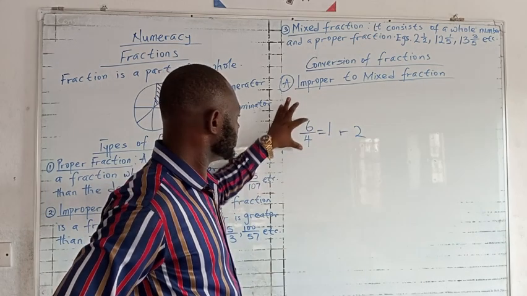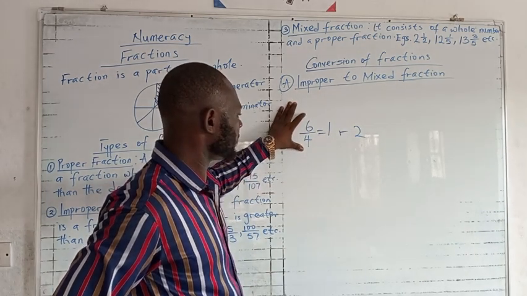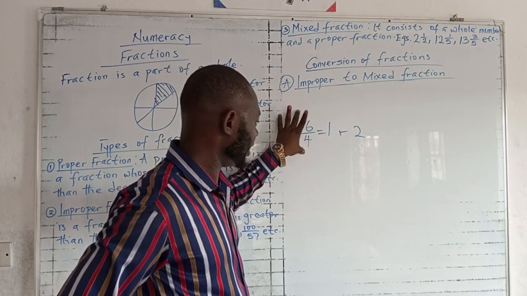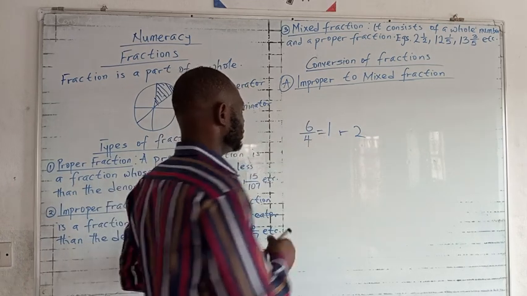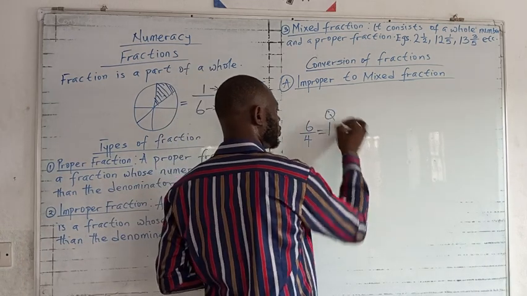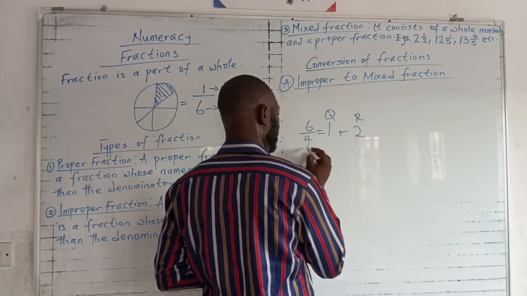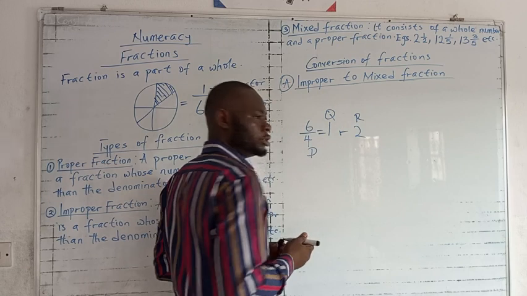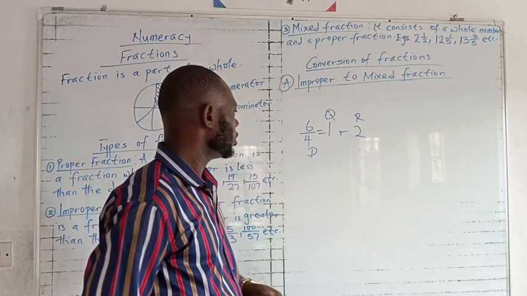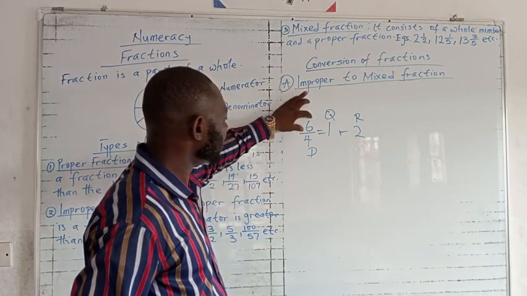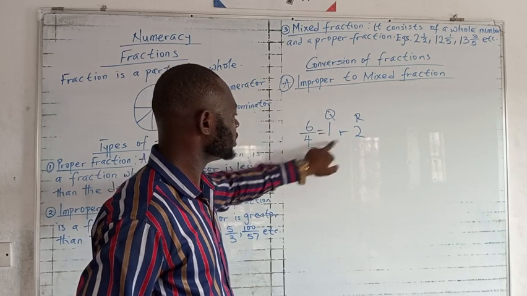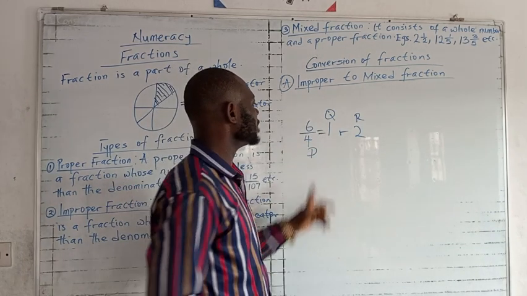This is an improper fraction that we've divided that gave us a quotient. 1 is the quotient, 2 is what? A remainder. While 4 is our what? Denominator.